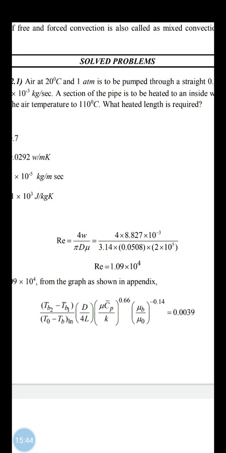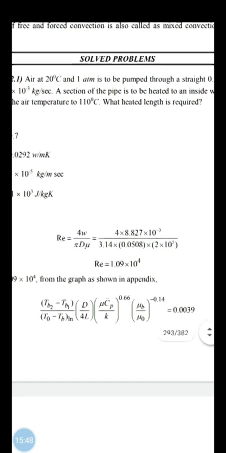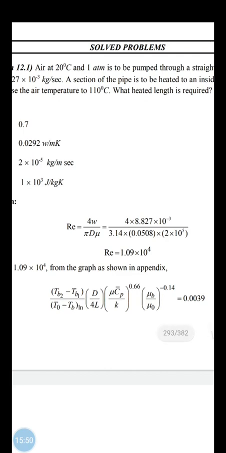Then you have to go to the graph that we studied earlier, and from that graph you can find the y-axis value, TB2 minus TB1 upon T0 minus TBln, d by 4L, mu Cp by k raised to 0.66, mu by mu naught raised to minus 0.14, is equal to 0.0039.